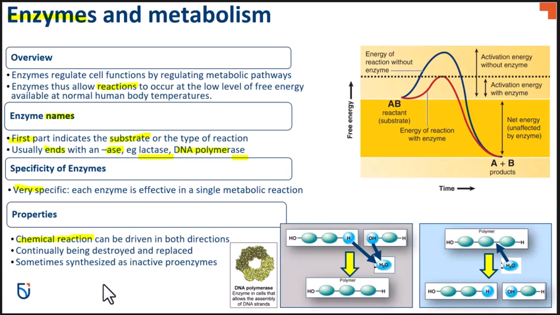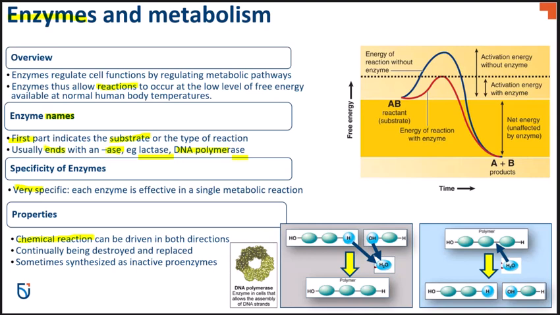And then enzymes are sometimes synthesized as inactive proenzymes. So what this means is we can have enzymes that are inactive proenzymes that are circulating around in our blood, and they become active when something else activates it. So it's like they're hanging around, these inactive proenzymes, waiting for something else to activate these enzymes or put it into active mode when it's needed.